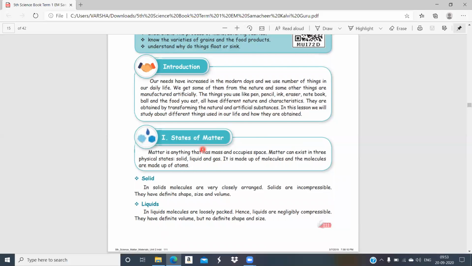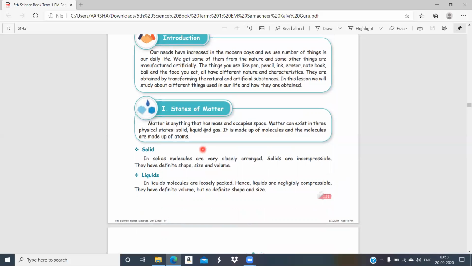States of matter. See, the first topic is states of matter. Matter is anything that has mass and occupies space. Matter can exist in three physical states: solid, liquid, and gas. It is made up of molecules, and the molecules are made up of atoms. Friends, matter has mass and occupies space, and there are three states.